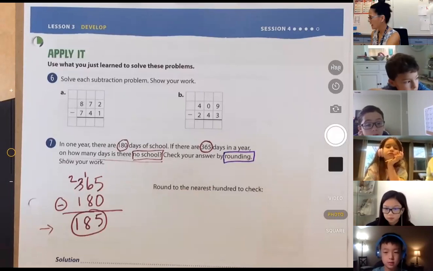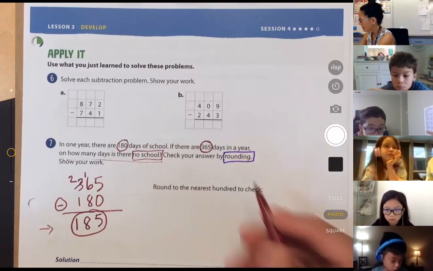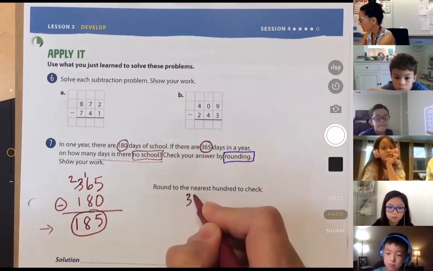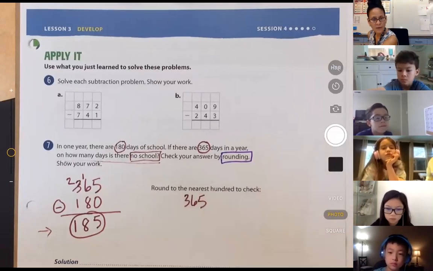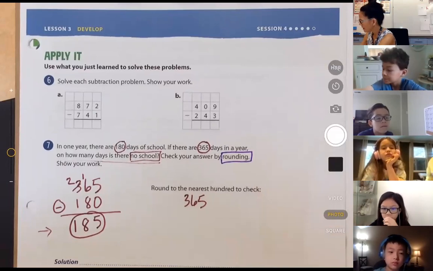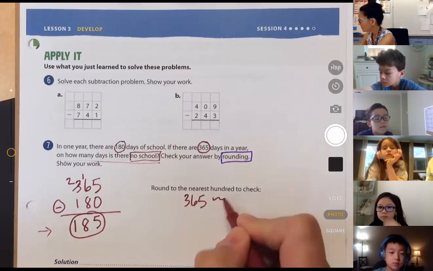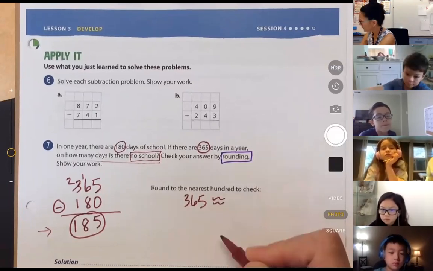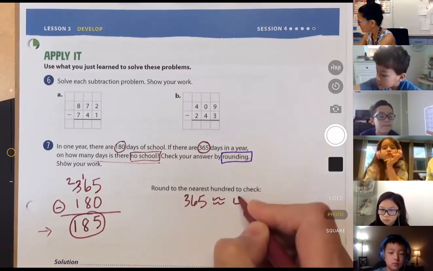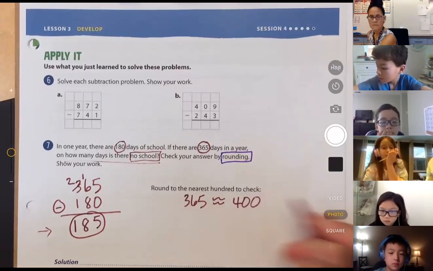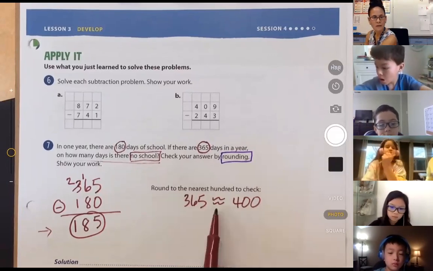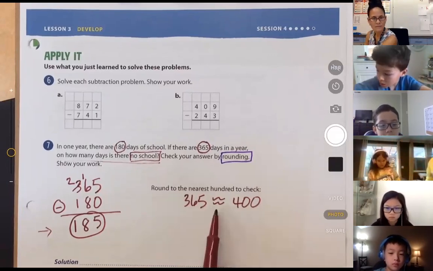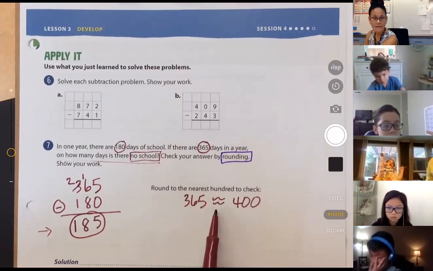Here we go. So if I take the original 365 days and I round that to the nearest 100, that's giving me about 400 days. And that little squiggly right there is what we call an approximation. It's about. Notice the difference from an equal sign. It's not an equal sign.